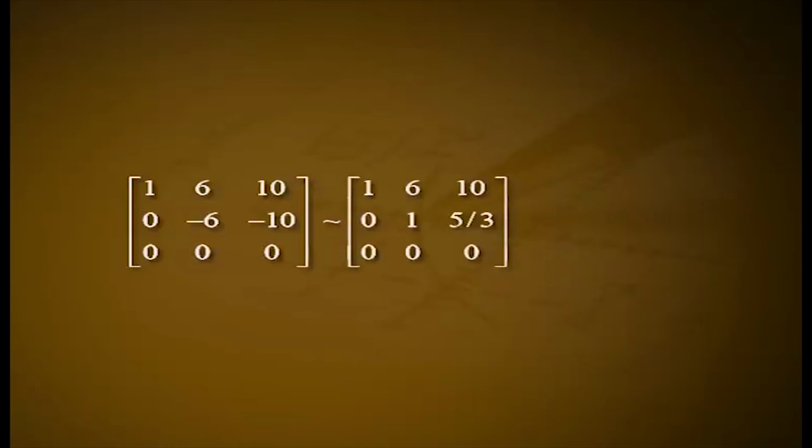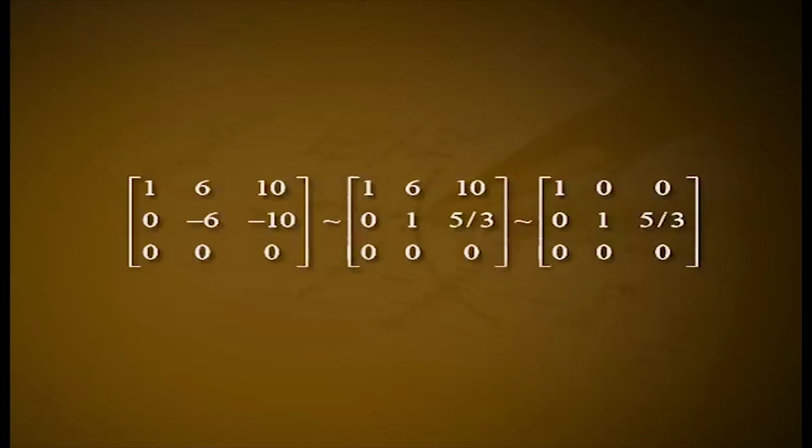Case 1. When k is equal to 2, then the last matrix becomes the matrix 1, 6, 10, 0, minus 6, minus 10, 0, 0, 0, which is equivalent to 1, 6, 10, 0, 1, 5 by 3, 0, 0, 0, which is equivalent to 1, 0, 0, 0, 1, 5 by 3, 0, 0, 0.